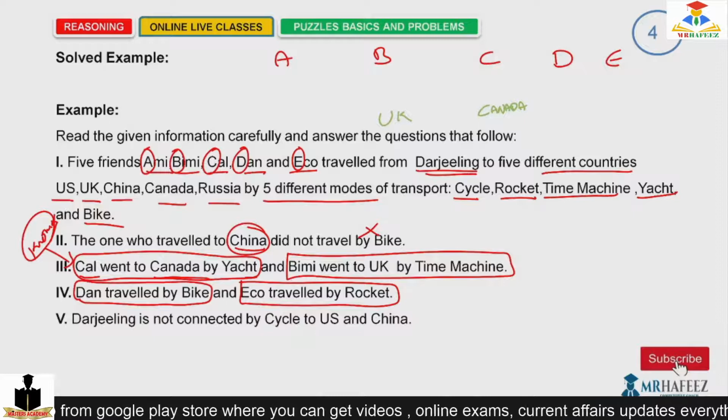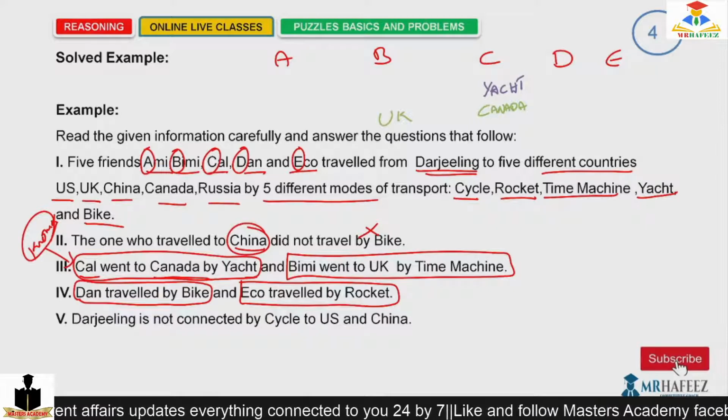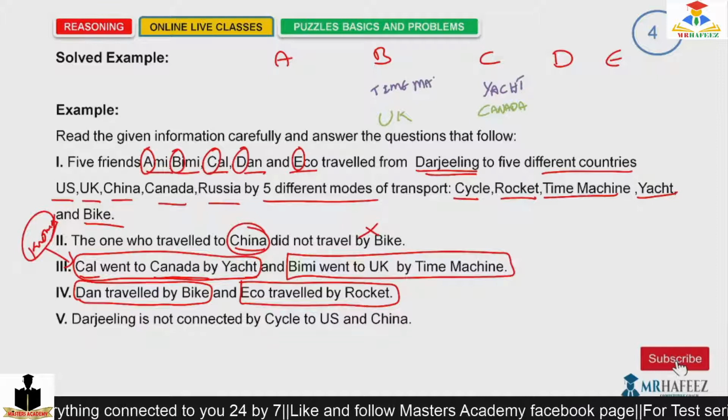Carl by yacht, Y-A-C-H-T. Beam by time machine, right, time machine.